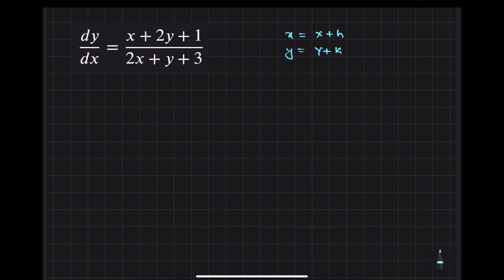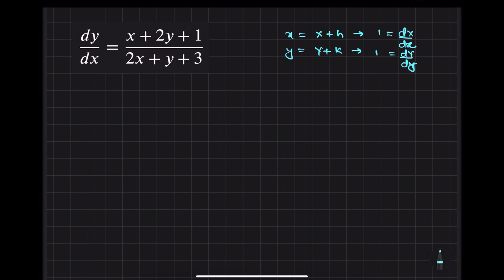We will differentiate this function with respect to x, so it is dx by dx, and then we will differentiate this function with respect to y, so it is dy by dy.